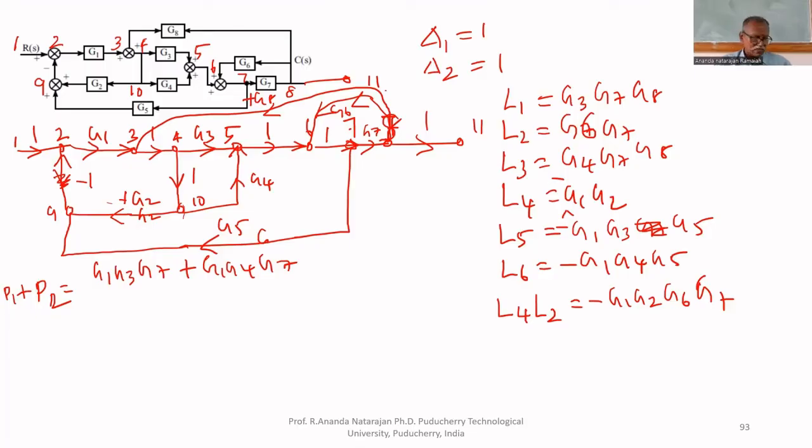G4, G7, G8, G1, G3, G5 we wrote, G1, G4, G5. Okay. 1, 2, 3, 4, 5, 6, 7. Two more we have to get.